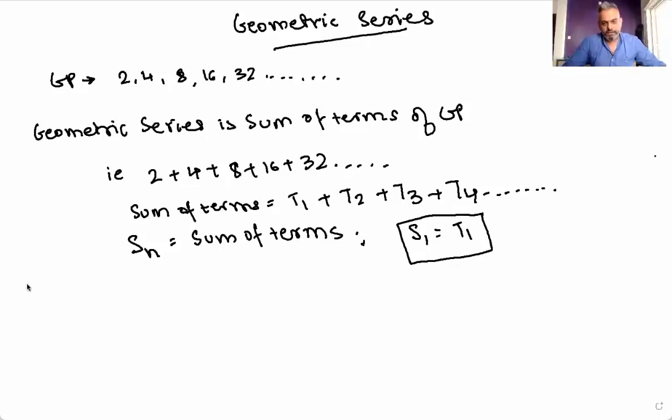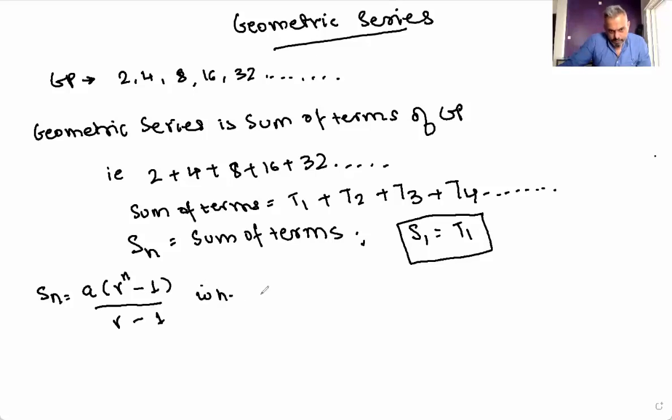Now, along with this, the formula: S of n is equal to A into R raised to n minus 1 upon R minus 1. This we will use when R is not equal to 1.